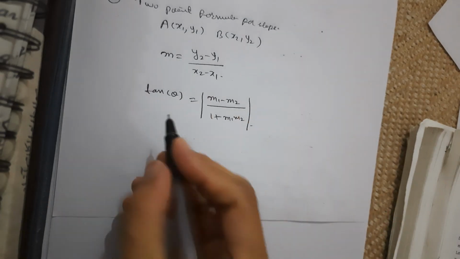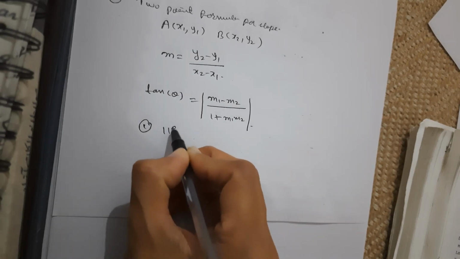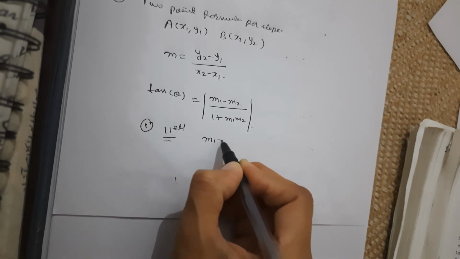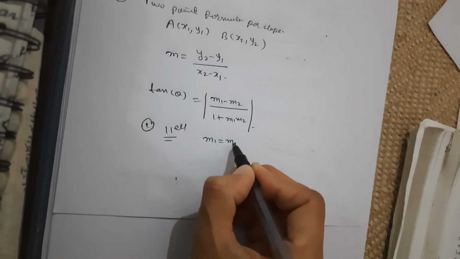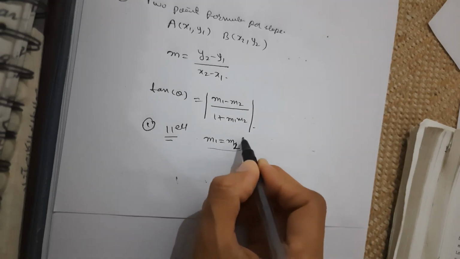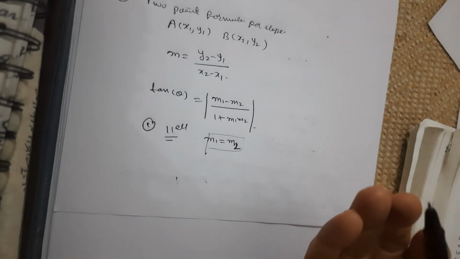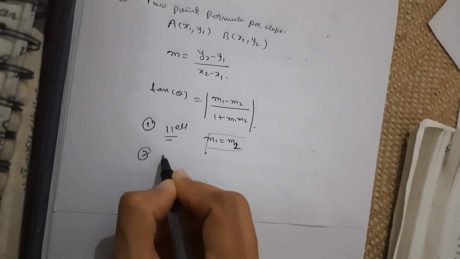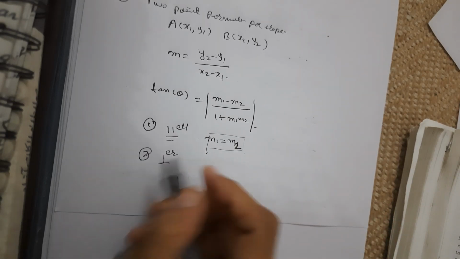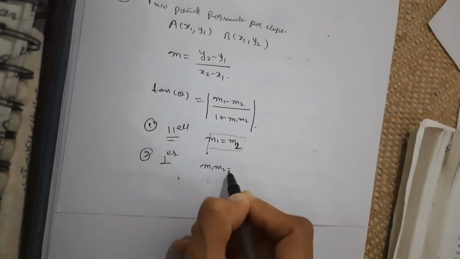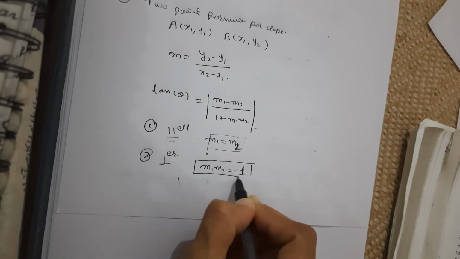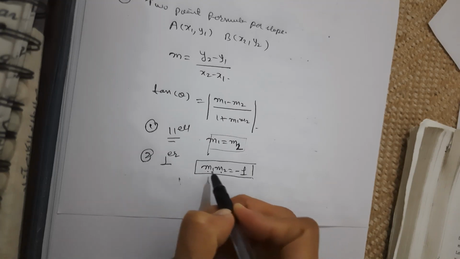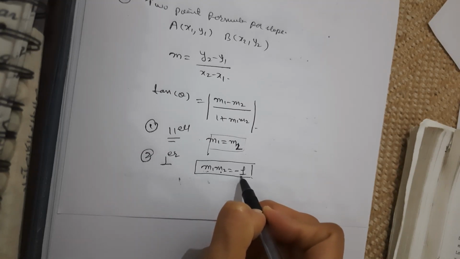From this formula we conclude that if two lines are parallel, then their slopes are equal. And if the slopes of two lines are equal, then those lines are always parallel. The second thing we see is about perpendicular lines: if two lines are perpendicular, having slopes m1 and m2, then the product of their slopes is always equal to minus 1.